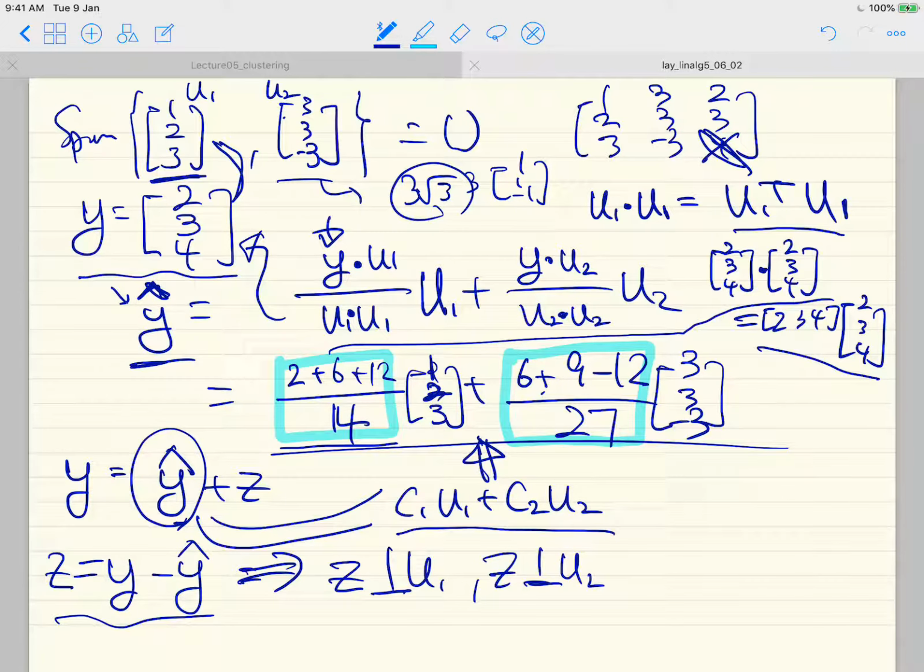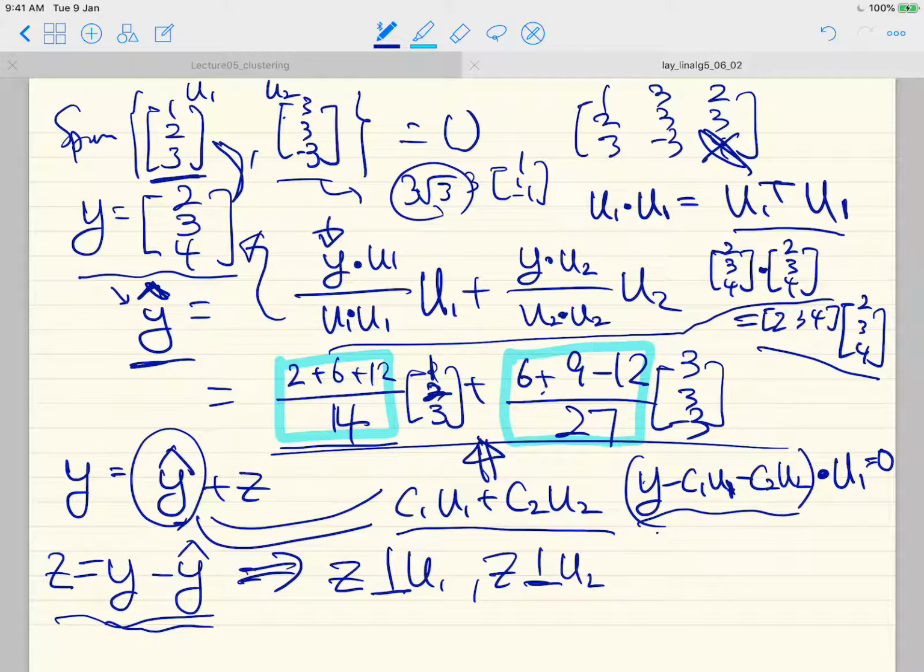So here y minus y hat is y minus c1 u1 minus c2 u2, right? And its inner product with u1 is 0, because of the orthogonality. Once we rewrite it, it equals 0, right?